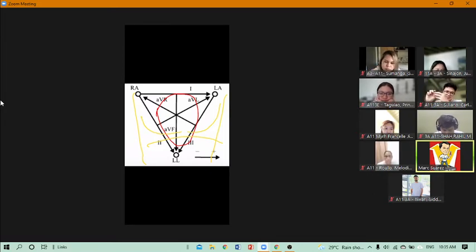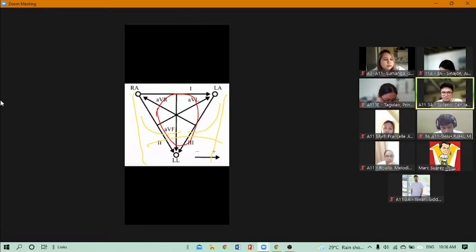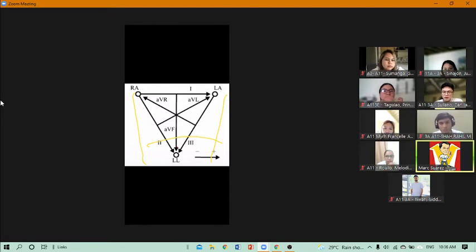Ideally, where do we put the V1? V1, Doc. Fourth right intercostal space, Doc. Substernal border. Okay. Hold on. Just imagine it.